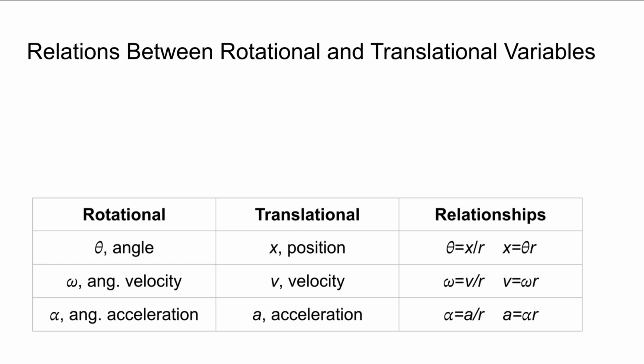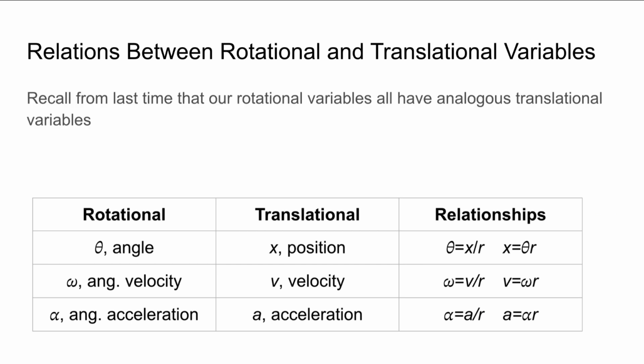So let's take a moment to do a quick reminder on what we talked about last class, which is that we have relationships between these different variables that show up in rotational motion and translational motion. So we have analogous variables between the two different types of motion, and each set of variables is related through a radius.